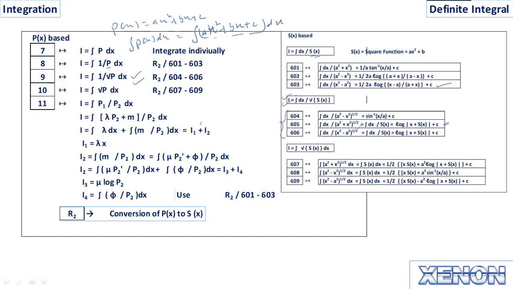When we get the integration of the form dx upon square root of x square minus a square, we will get the integral of the form log |x plus Sx| plus c. Here Sx is of the form x square plus b, right?